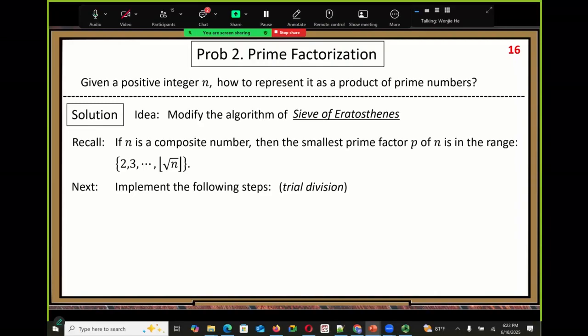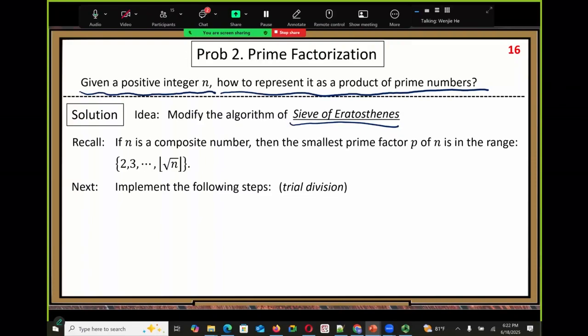Let me go back to the original question. Given a positive integer n, how to represent it as a product of prime numbers? This time, we cannot use the sieve of Eratosthenes algorithm.